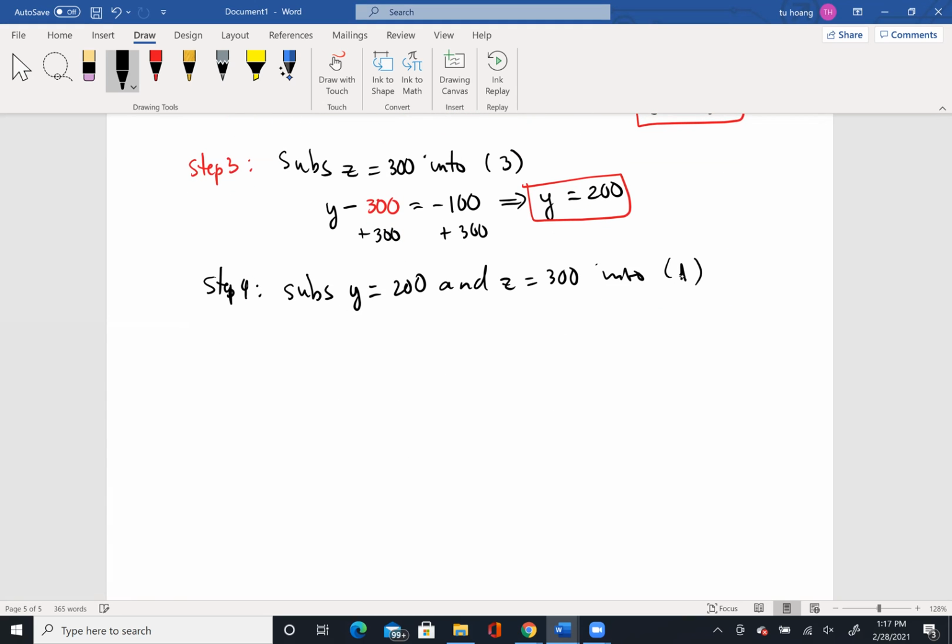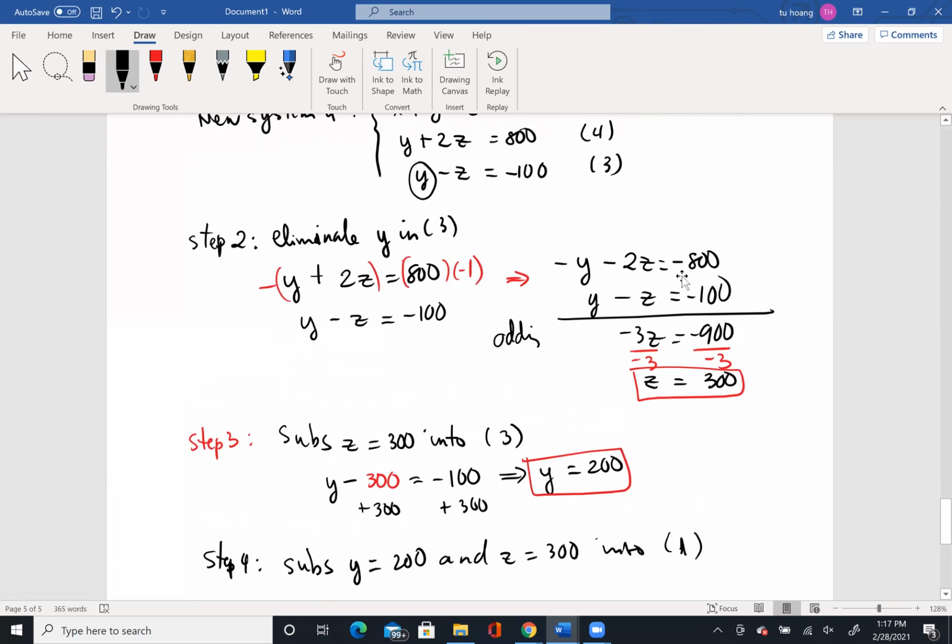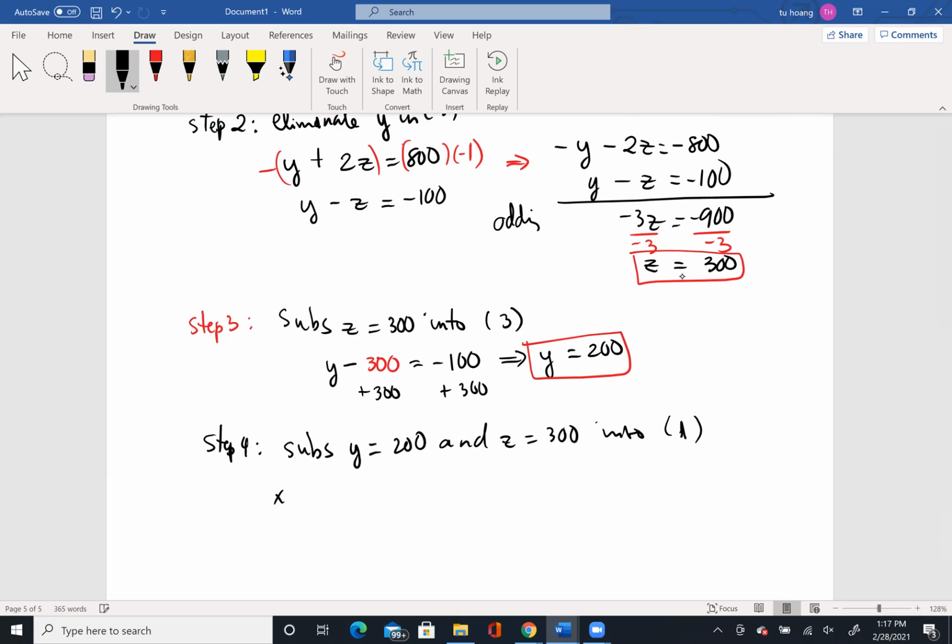Okay, so you want to have x plus y plus z, right? x plus y, now y is 200, and plus z, now it is 300, equal to 1000.